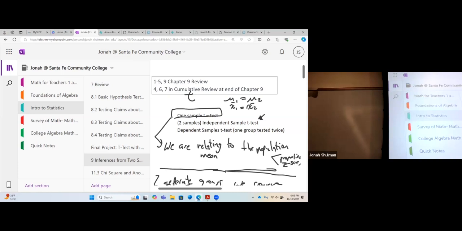You test, you find somebody's score on something, you give them treatment, and then you give them the same test again. Are they different samples? No, they're the same people twice. Is that okay? And for the alternative hypothesis, usually you'd want the post-test score to be higher, right? This is a one sample, one sample.